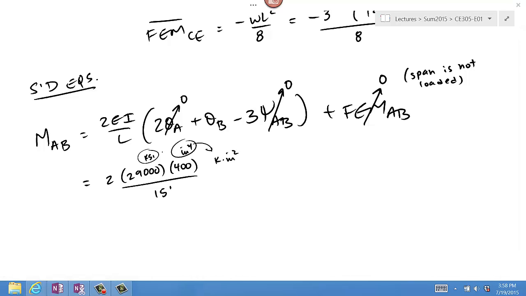But you've got inches in the numerator and feet in the denominator. So what I'm going to do is multiply by 1 over 144, so that I can convert the numerator to feet squared.